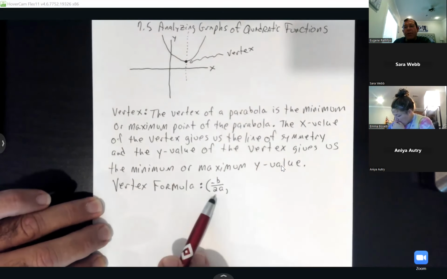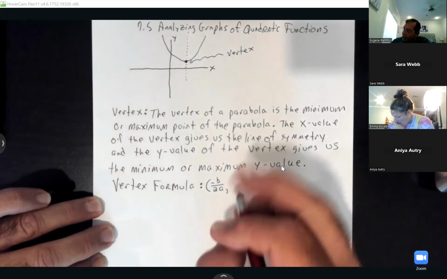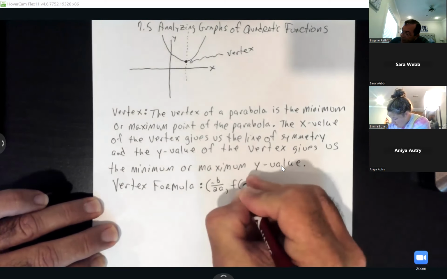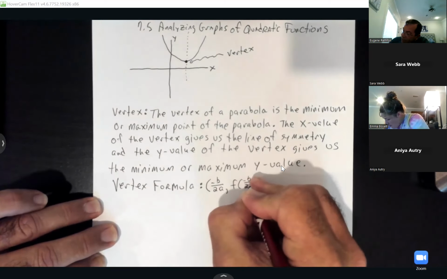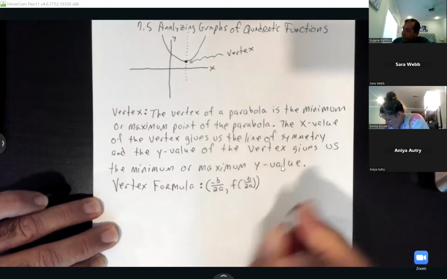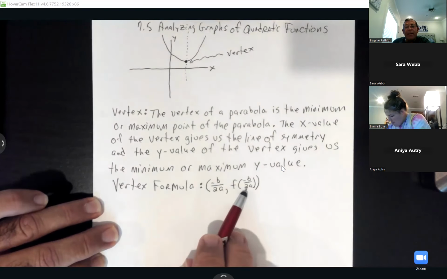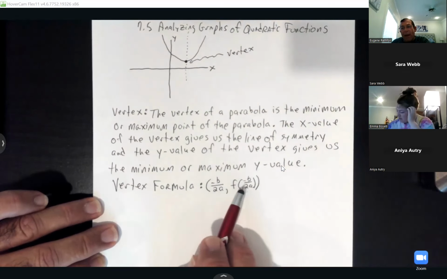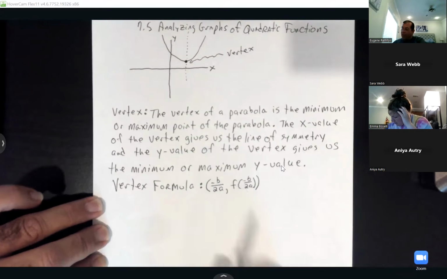So negative b over 2a will give me the x value. To get the y value, I find f of negative b over 2a. What this means, f of negative b over 2a, that means once we find our x value, we plug that x value back into the function to get the y value. Okay.